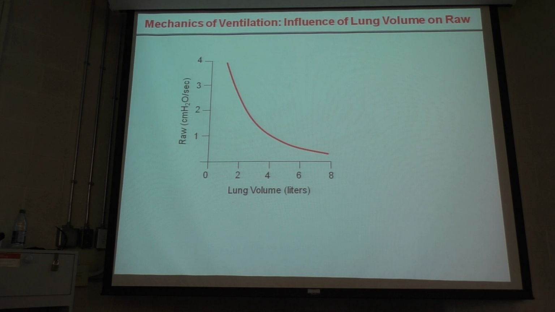If we get into a circumstance where we become limited by airflow, and this is a blanket statement right now, if we become flow limited, we have a limitation in our ability to move air in and out of the lungs, we will, for reasons that we don't completely understand, begin to breathe at a higher lung volume to try to take advantage of that mechanical stretching effect to minimize airway resistance.